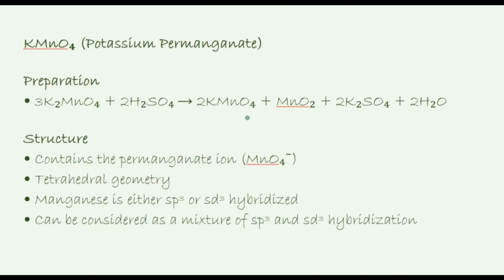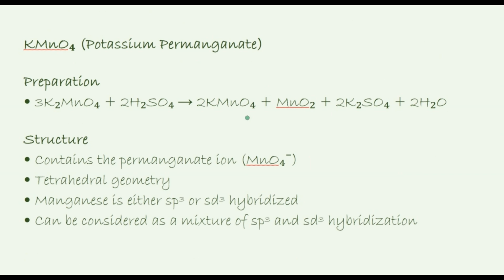Then we are moving on to potassium permanganate. Potassium permanganate is purple in color, with manganese in +7 oxidation state. It can be prepared using potassium manganate with H2SO4, which gives permanganate, and it undergoes a disproportionation reaction giving +4 and +6 oxidation states.